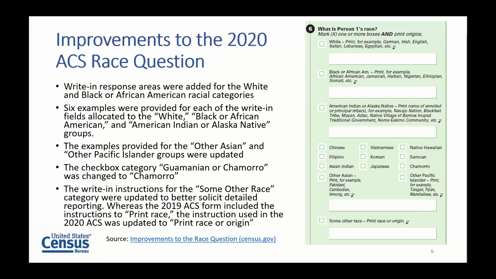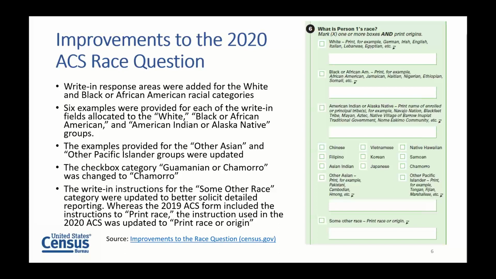And we also made several design improvements to the race question for the 2020 American Community Survey, so we'll go over these. In response to community feedback over the past decade, we added dedicated write-in response areas and examples for the white and the Black or African American racial categories.